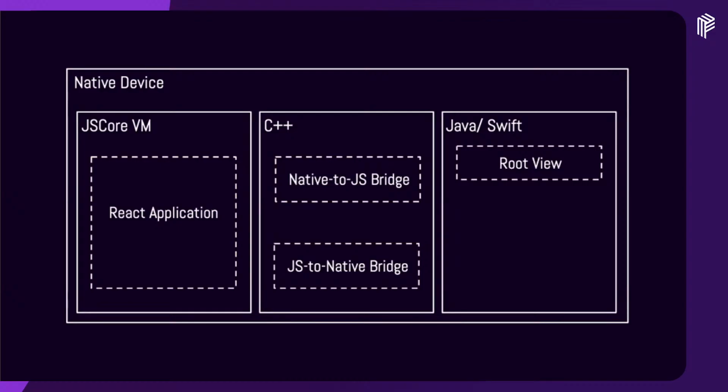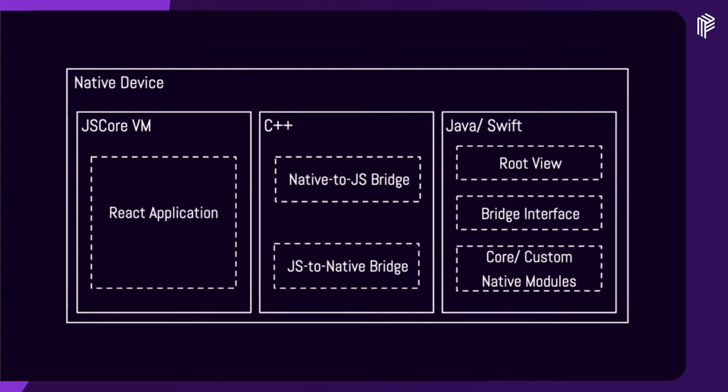On the side of the native project, this is where your native root view will live. You also have this idea of a bridge interface on the native side. All of the interactions with the bridge go through the bridge interface. And then on the native side, you've got all the core modules that come with React Native.